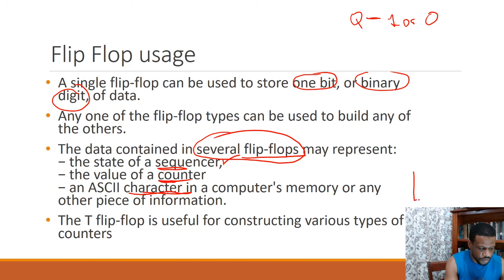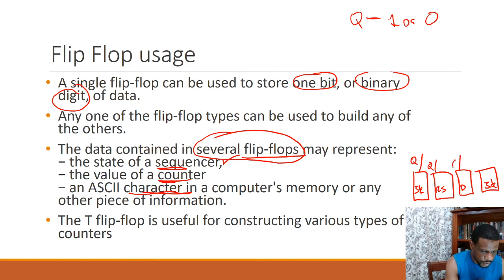So if I have one flip-flop here, one here, one here, next one here, it doesn't matter if this one is a JK, this one is an RS, this one is a D, and this one is a JK again. What matters is the Q value that comes out of here is going to be manipulated so that I have digits that I could use, which is like 0, 0, 1, 0.